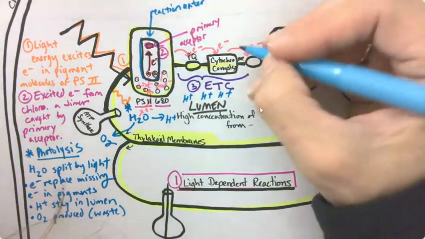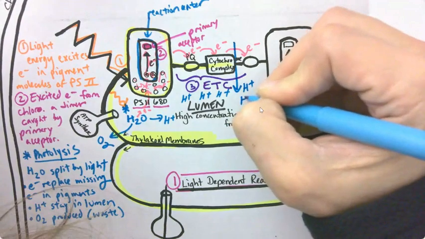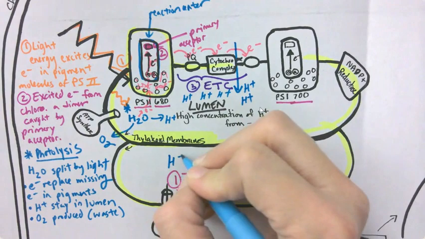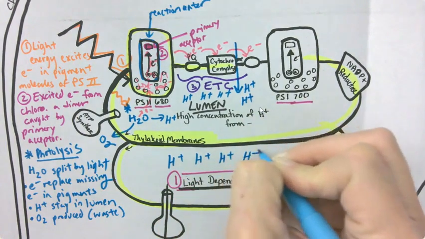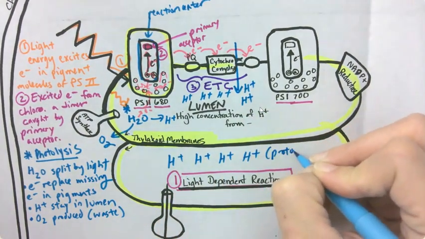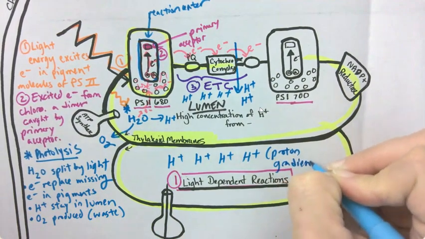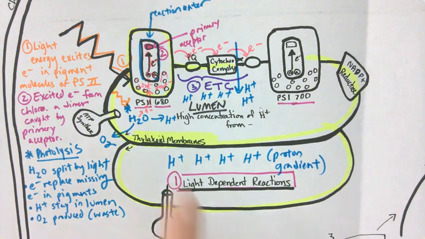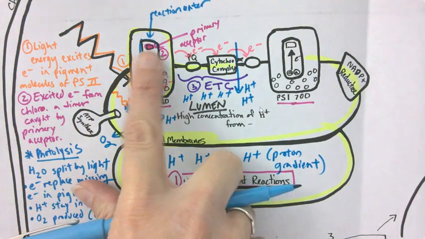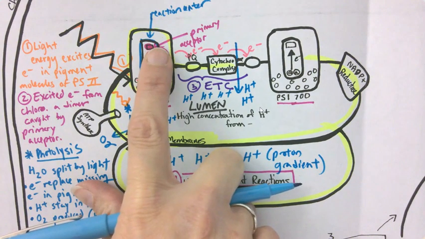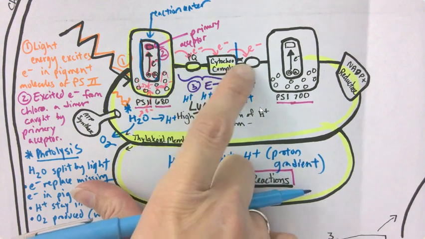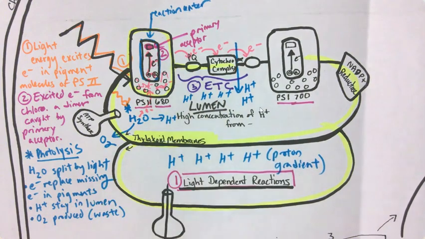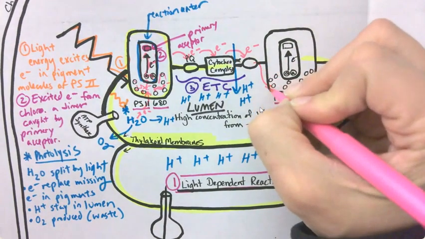That energy is going to be used to pump more protons into the lumen, okay? And that will happen all over the thylakoids. And again, we'll get a proton gradient here, which is our source of potential energy for later, okay? So the electrons from this primary acceptor that are high energy, they became high energy with the energy from the sunlight, are passed down an electron transport chain, creating a proton gradient. Those electrons are then transferred to photosystem 1.